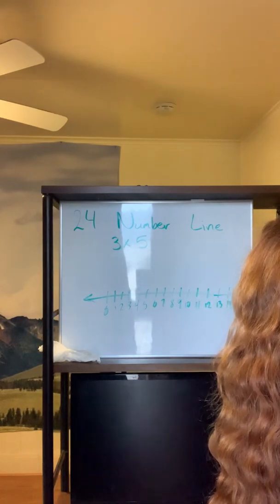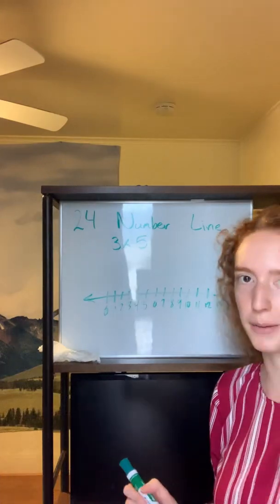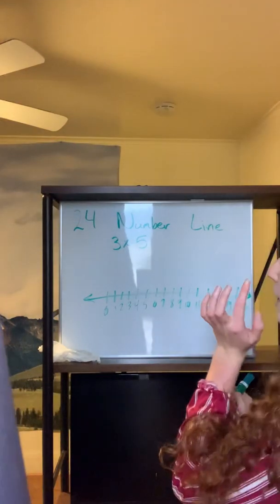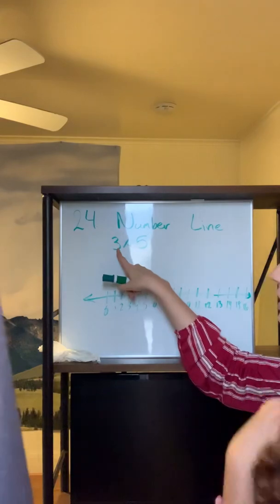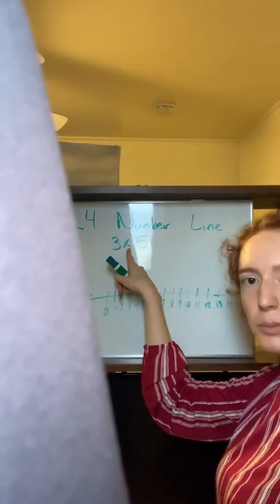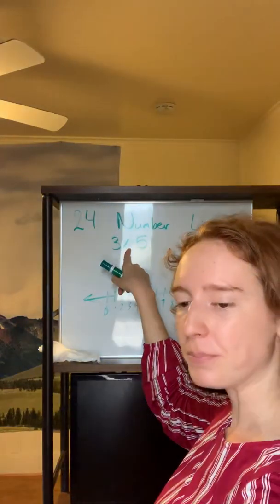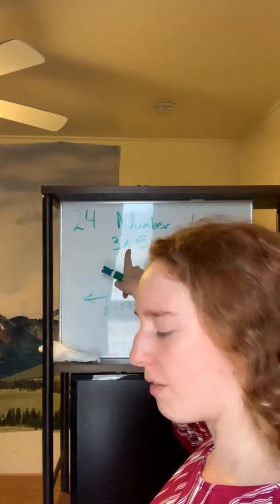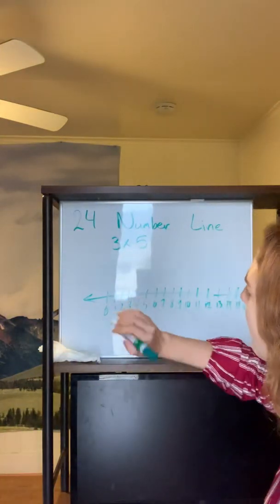We can keep making this number line farther and farther. Okay, now you can say that I have 3 jumps, each 5. So I have 3 groups in multiplication. The word for multiplication is of. So I have 3 groups of 5, and that's going to look like this.